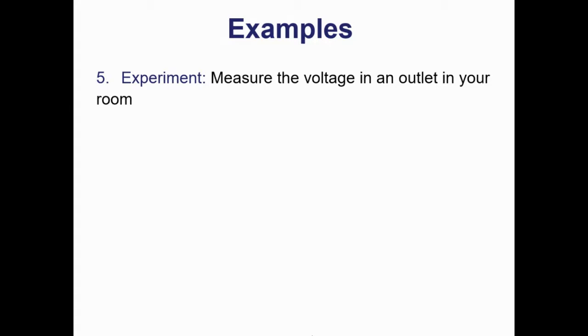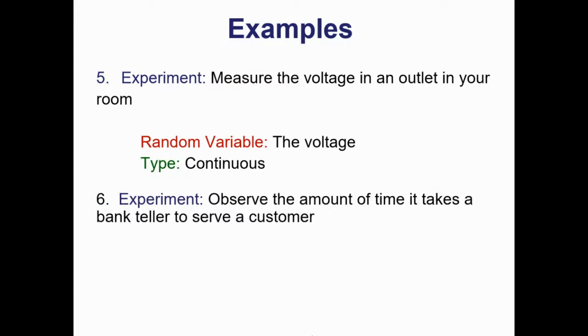Okay. Now y'all go to 5. We put continuous. That's right, because you're measuring the voltage. Okay. Shataro's group. You observe the amount of time it takes a bank teller to serve a customer.